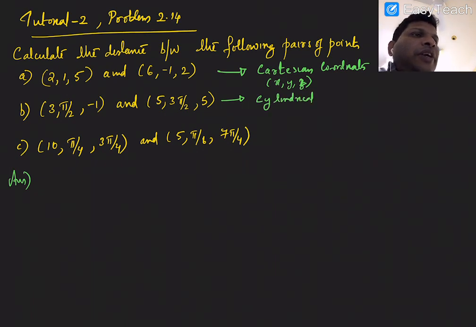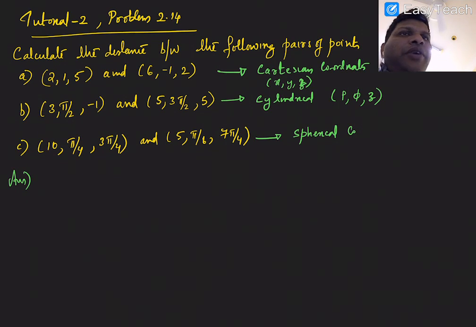In cylindrical coordinates, we represent it as rho, phi and z. And this one is in spherical coordinates, represented as r, theta and phi.